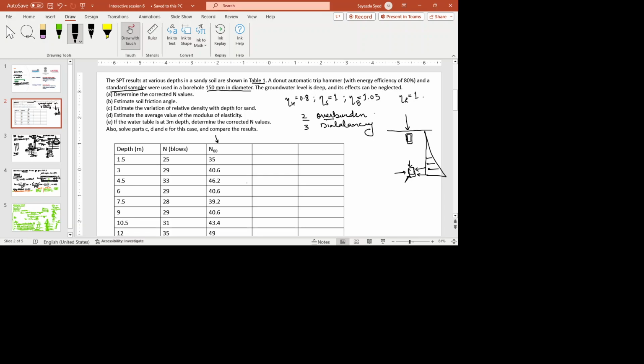So as we go down, we make a correction for the overburden. For that, we calculate the overburden effective stress sigma naught dash. In the IS code there is a chart for correction of this, but that chart is also derived from the correlation given by Liao and Whitman that goes like Cn equals 1 by sigma naught dash by Pa, raised to power 0.5.